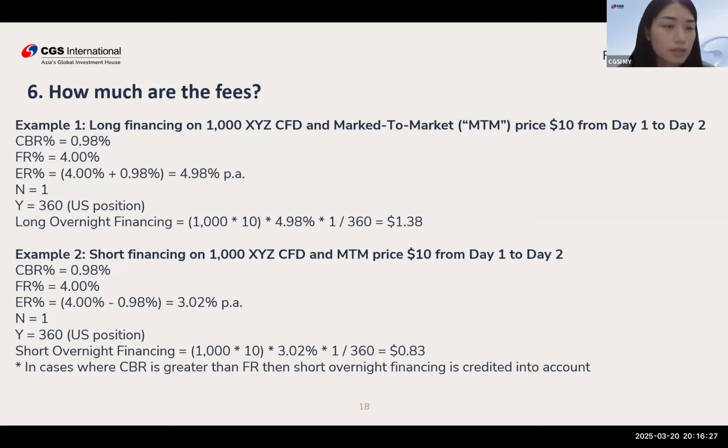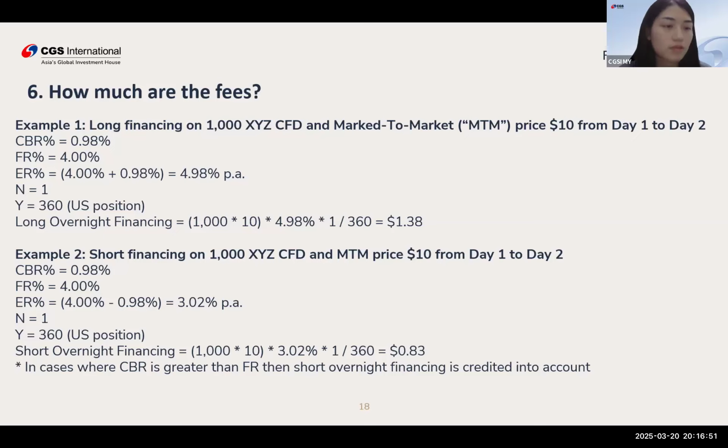Another example is if you are holding short 1,000 XYZ. The effective rate changes a bit here. The effective rate will be the financing rate deducted by the central bank rate, so the effective rate is actually 3.02%, with the same day count and year count.